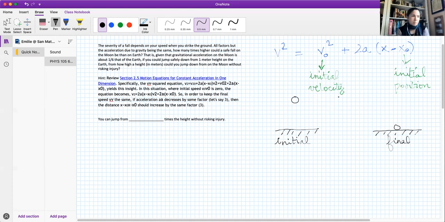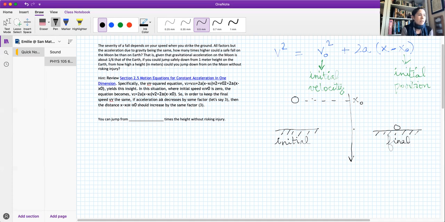To be able to define my position, I'm going to need to draw an axis to measure all these things. So I'm going to draw my x-axis. I'm going to draw it pointing downward because I know the object is falling. So it's going to make it a little bit easier to track. So again, this is not the best drawing you'll see today, hopefully, but here is where I mark my initial position.